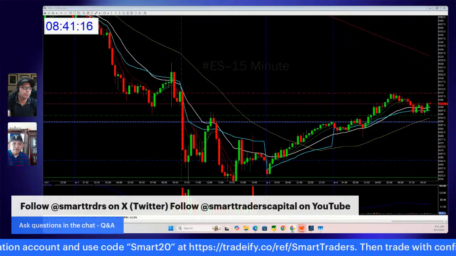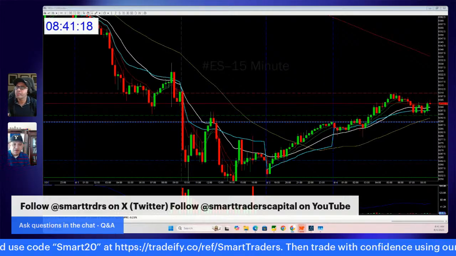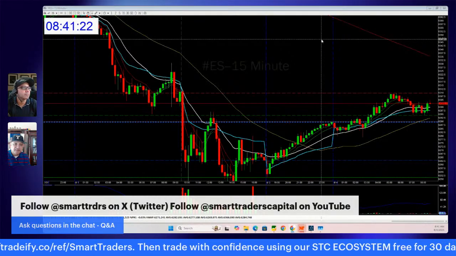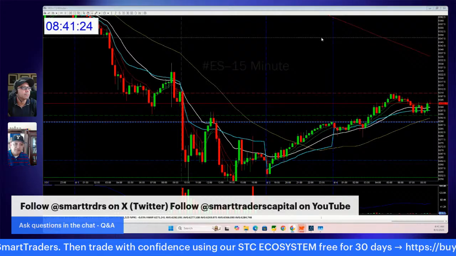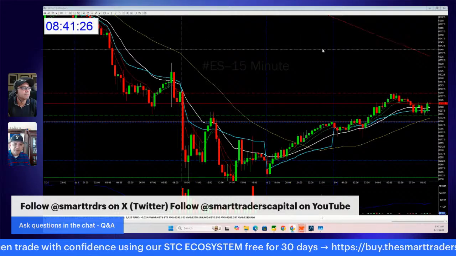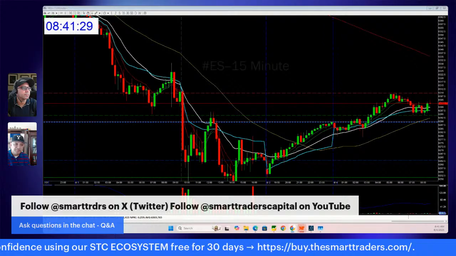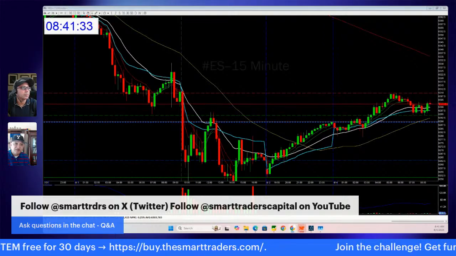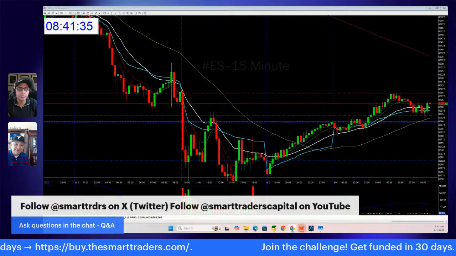So it tried to retest the pre-market low, right? And then it did not go down below that. And it's above the VWAP too, so it shows strength. So hopefully we go up. That's what my thought is.